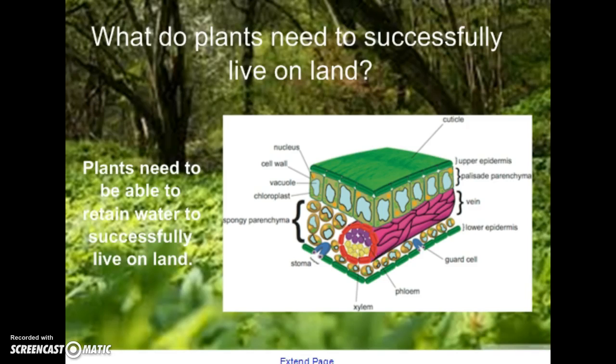So what would happen then would be that the plant cell or the leaves would dry out. To prevent this, plants have the adaptation of having this layer right on the outside called the cuticle. It's a waxy, waterproof layer that helps retain the water inside the plant cell.